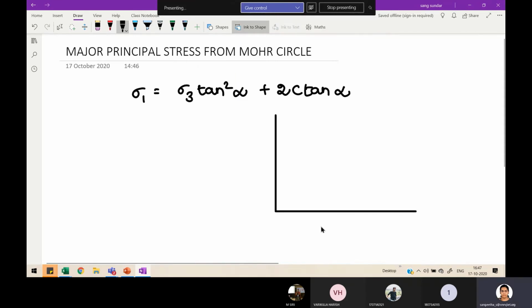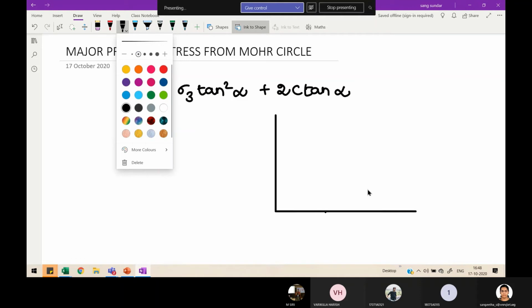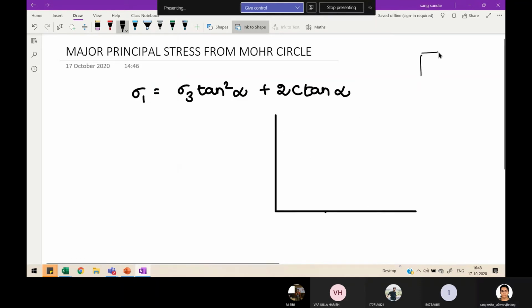See, this is your soil mass, and here sigma 1 is acting, and here sigma 3 is acting.